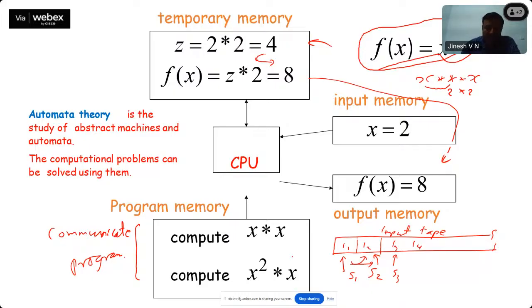So the language, in our case, in the case of a program, is a character sequence over the alphabet.